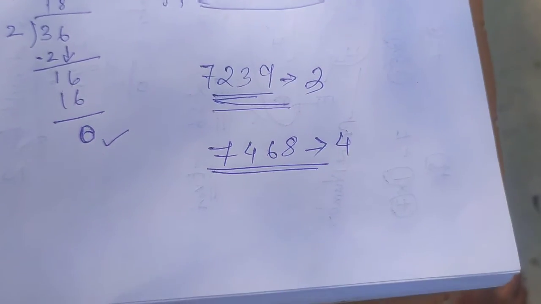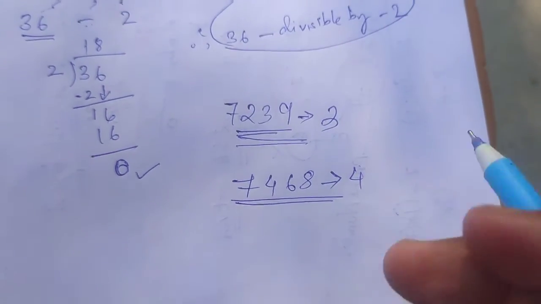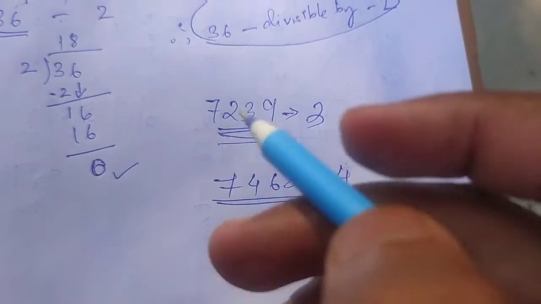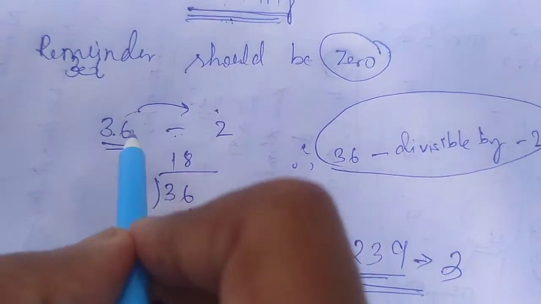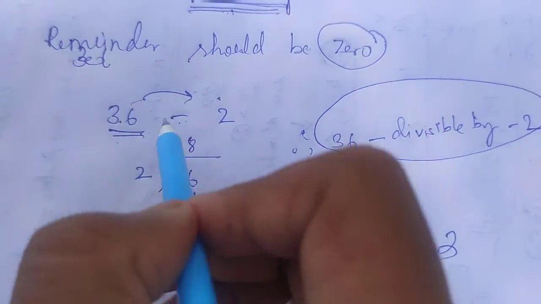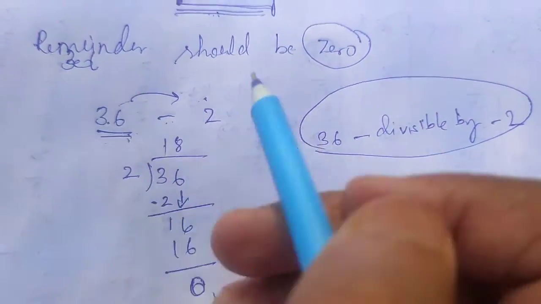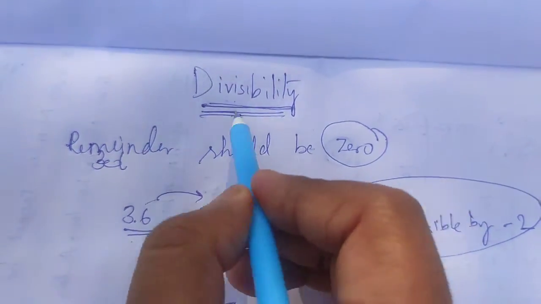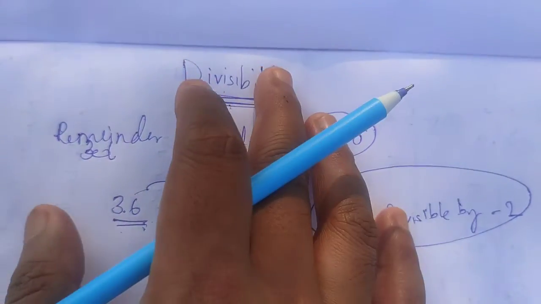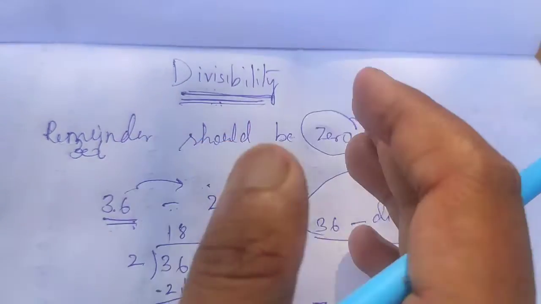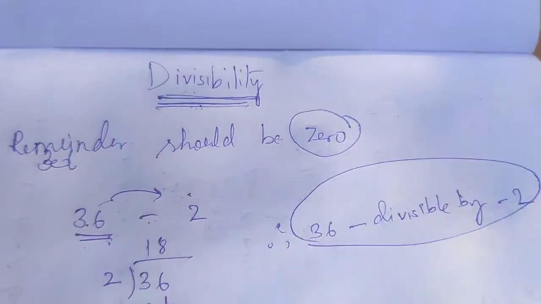As the number becomes big, it becomes hard to find divisibility. But when the number is small, it is easy to find out. That's why we have to study divisibility, so that when we do maths, we can finish the work easily by following certain rules.